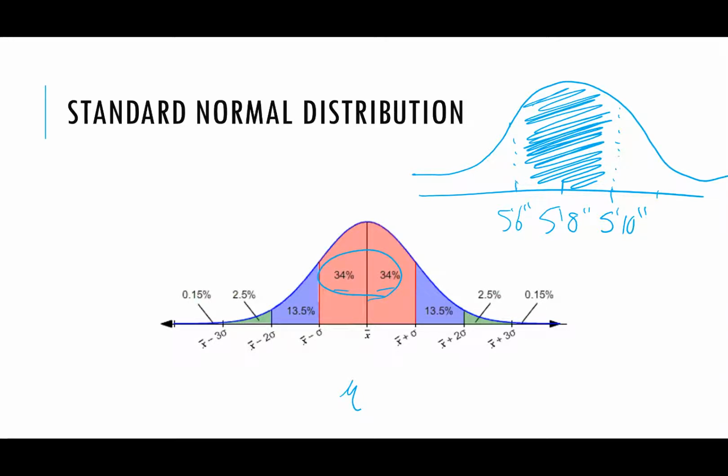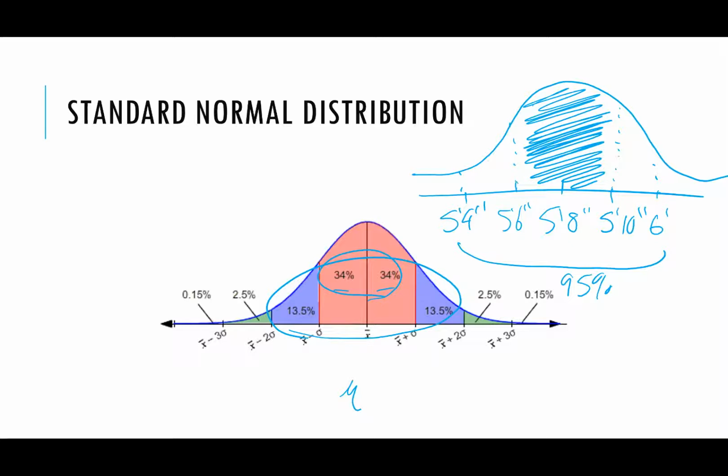If we go a second standard deviation out, to 6 feet or 5'4", we're adding another 13.5 and 13.5, which means that in this region there's 95% of our population.